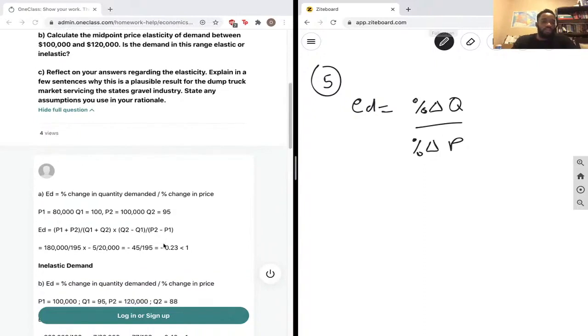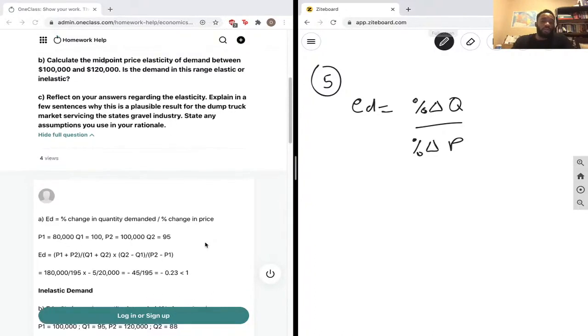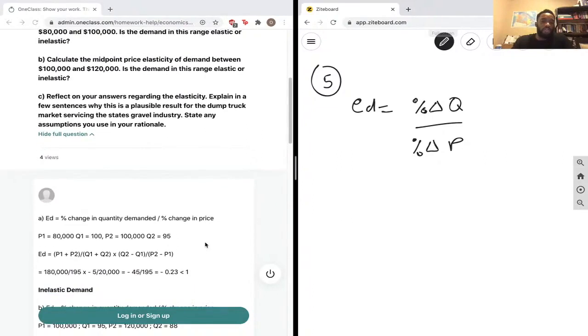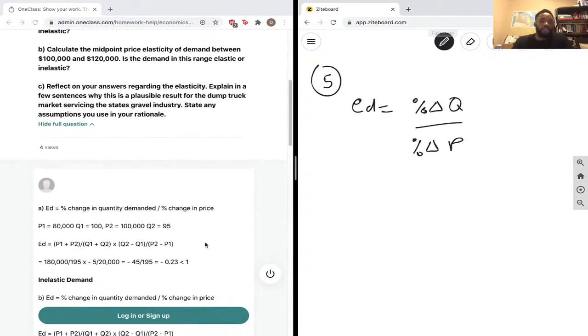And that's 180,000 over 195 multiplied by minus 5 over 20,000, which gives us minus 45 over 195, which gives us negative 0.23. So our demand would be inelastic here because it is less than 1.